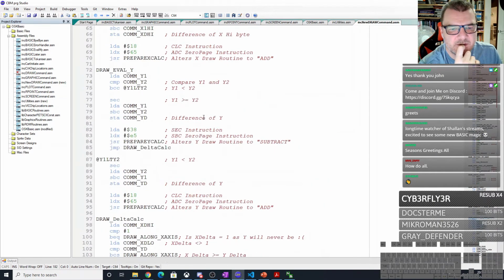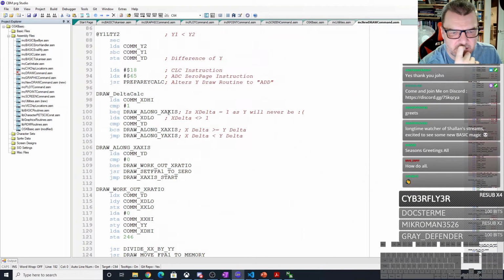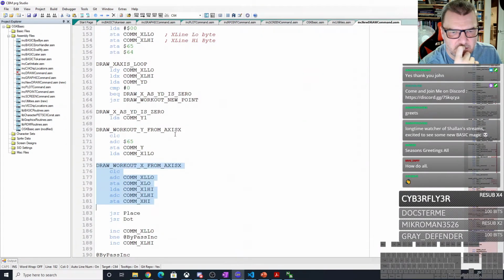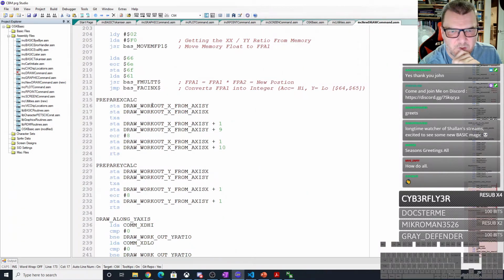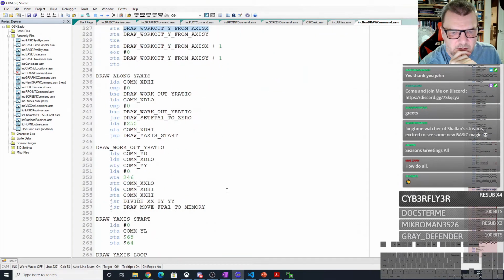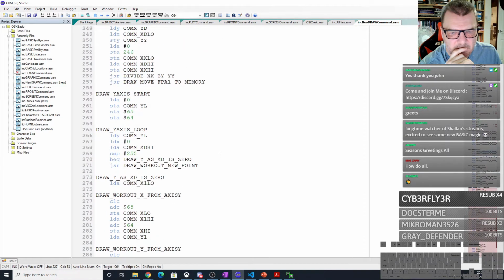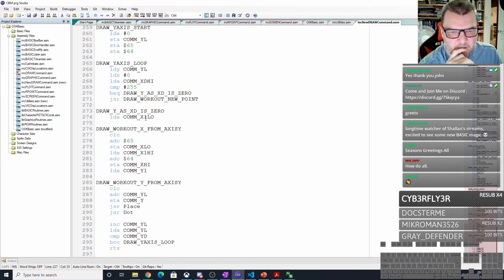Right, where's my routines that does the modifying? Here we go. So draw work out x from y. Draw work out y from x. Here we go. Let's draw work out x from y and draw work out y from x.